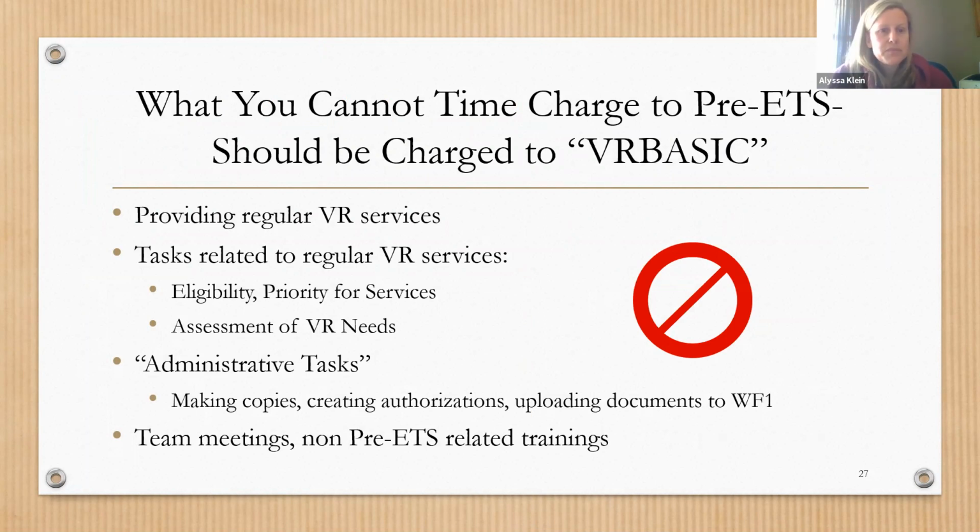Those are some examples. Any administrative tasks, so making copies, creating authorizations, uploading documents, perhaps creating or putting information together for a referral, any of those things would be VR Basic. And your team meetings or any non-Pre-ETS related trainings would also be charged to VR Basic.